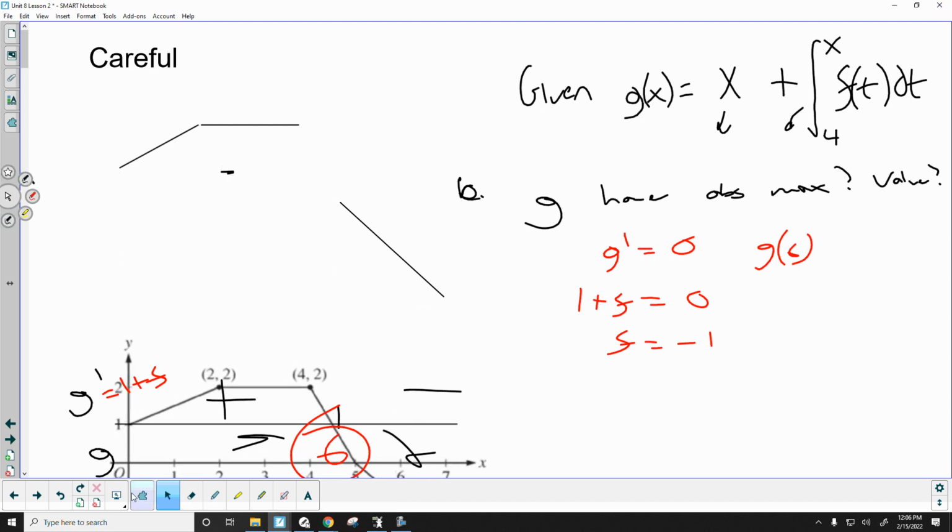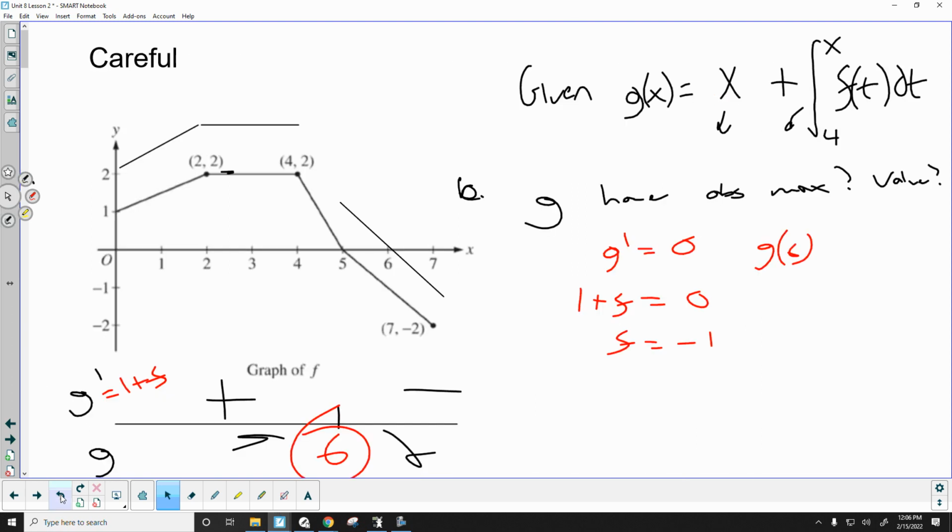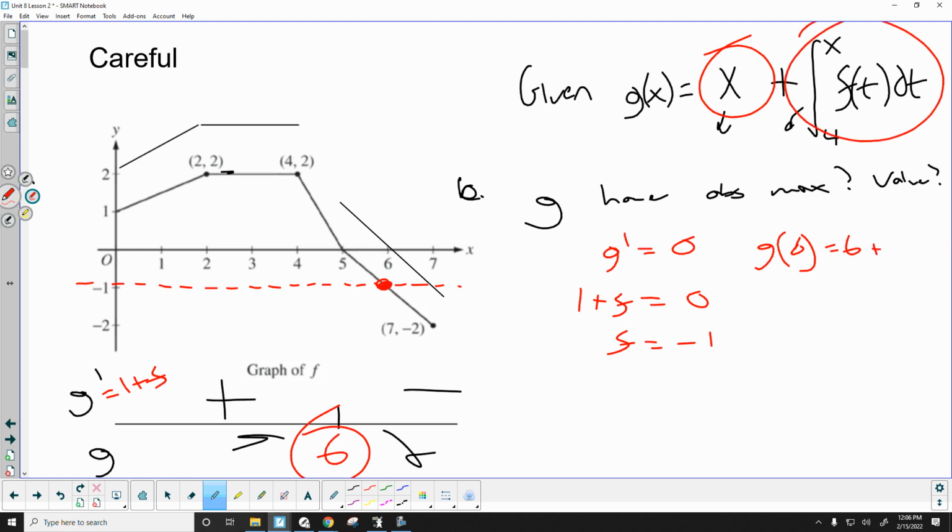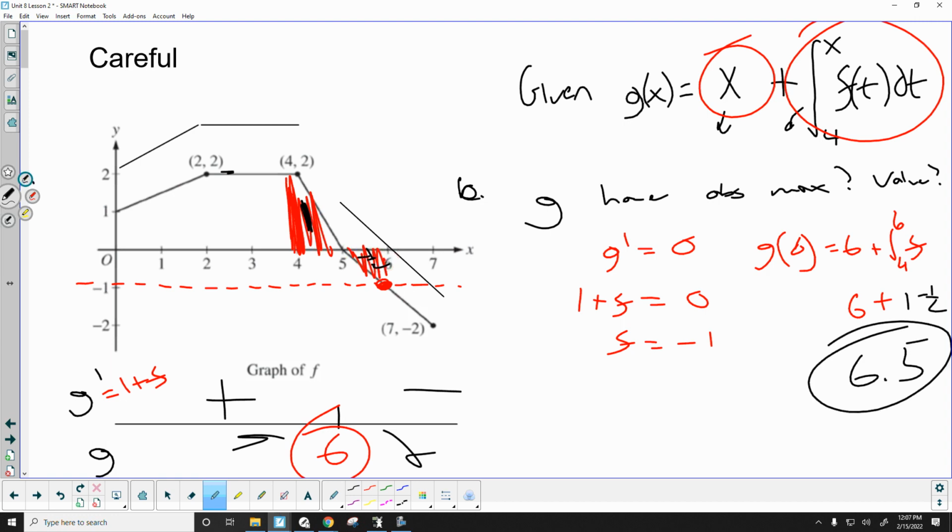Go back to what you originally did, which is you plug in 6 into here and 6 into here. 4 to 6 is that minus that, and that actually is going to be the max value. 6 plus 1 minus a half. 6.5 is the maximum value.